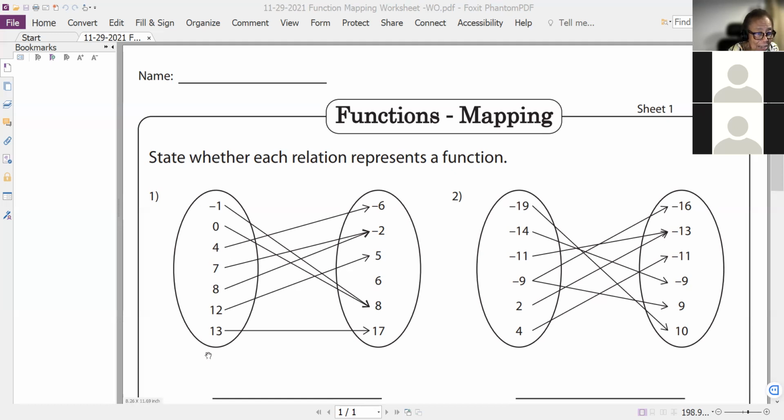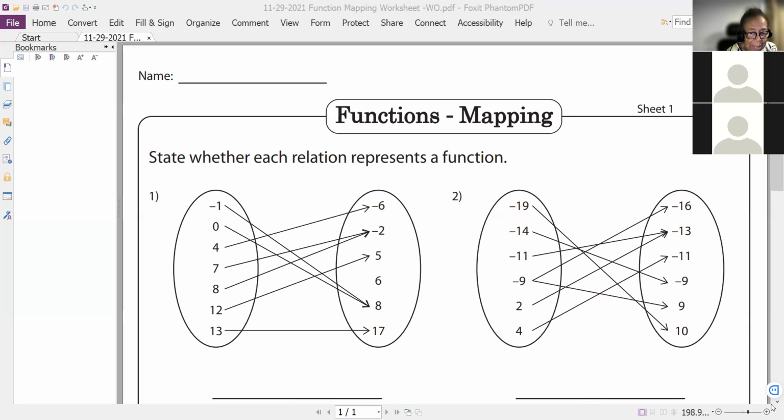But every number here in this map maps to something over here, and it only maps to one number. Got it? So yes, this is a function. So you write on your map, yes, this is a function. Got it?